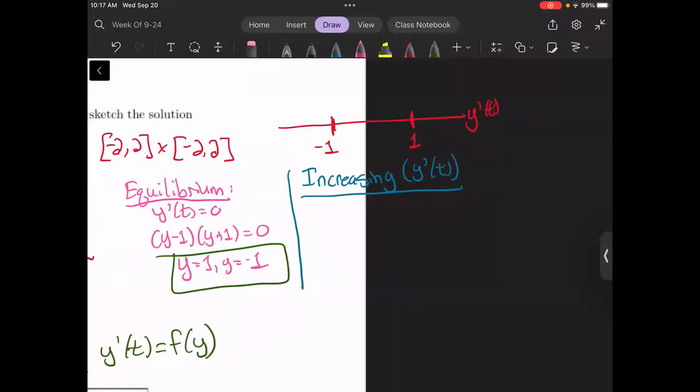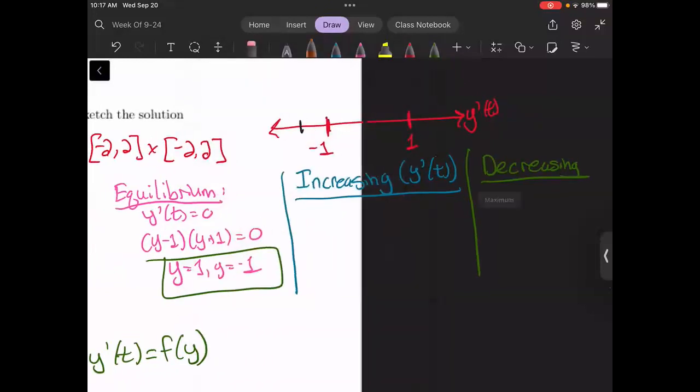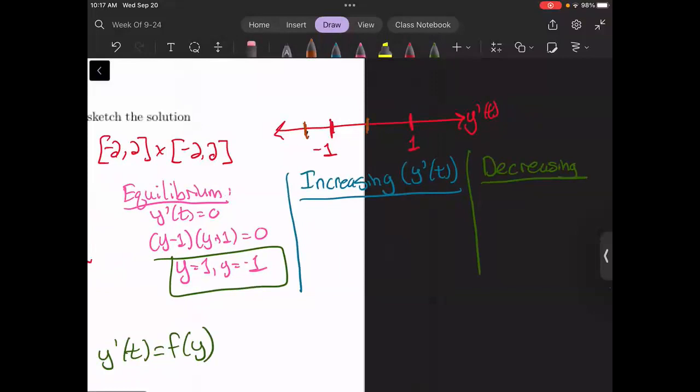And I'll do decreasing over here. Decreasing here. All right. So you want to draw out a number line indicating y prime of t. Next, we want to pick out specific test values for each of these subintervals. I'll do a different color. This here, here, and then here.